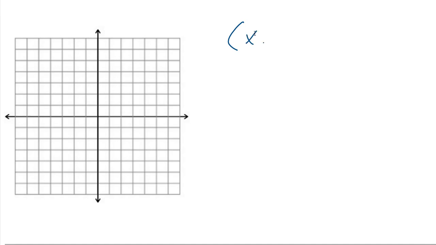whenever we have a point that we're graphing, it's set up in this way, where we have an x coordinate and a y coordinate. On our axis, our horizontal coordinate is the x-axis, and the y coordinate is the vertical axis.